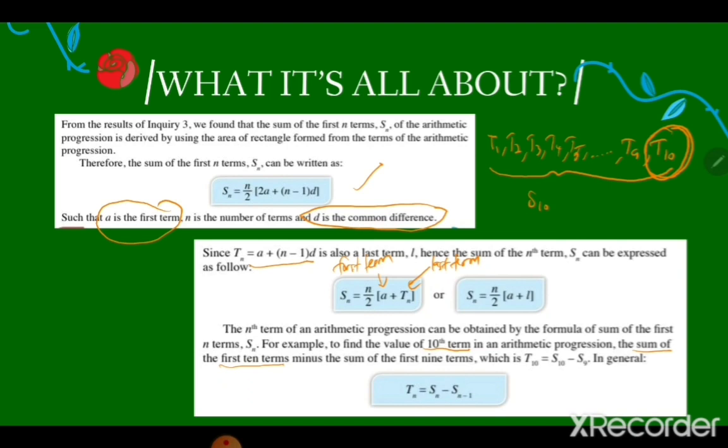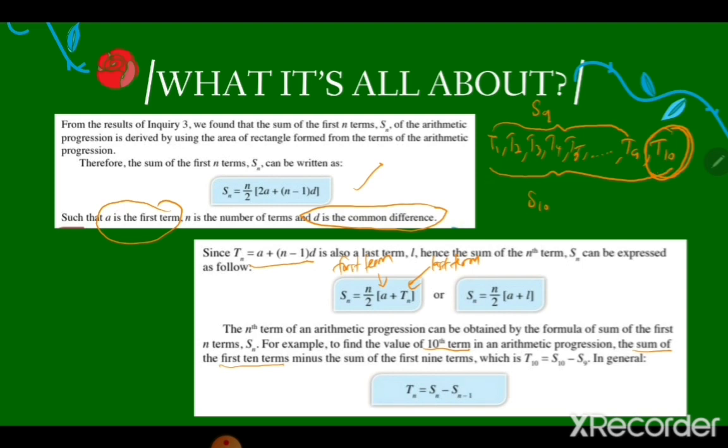Of course, S10 must be deducted with S9. In order for us to find the 10th term, we need to deduct S9 from S10. So what is S9? The addition from the first term to the 9th term. What is S10? The addition from the first term to the 10th term.